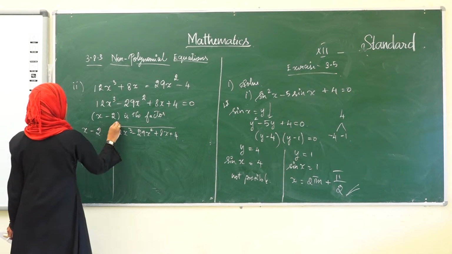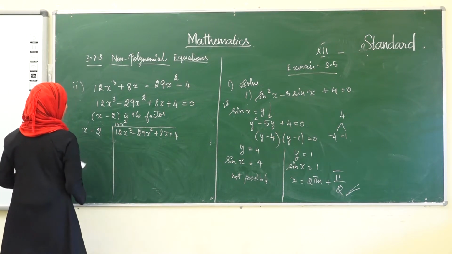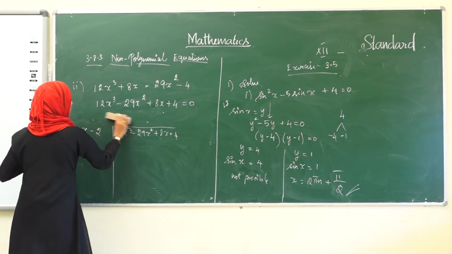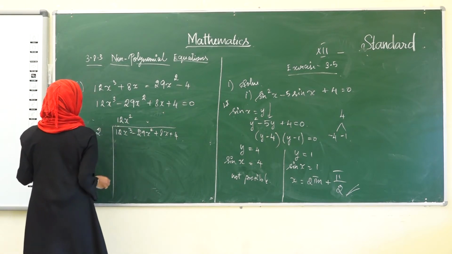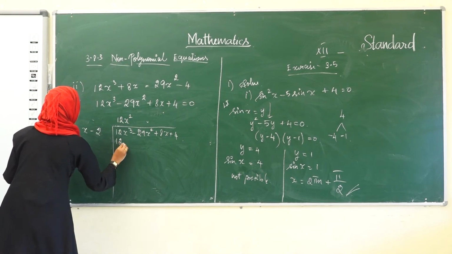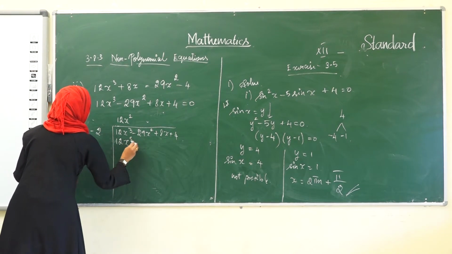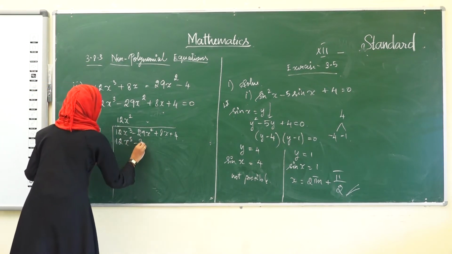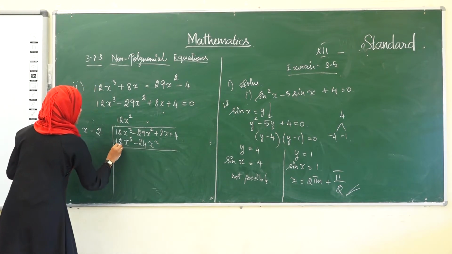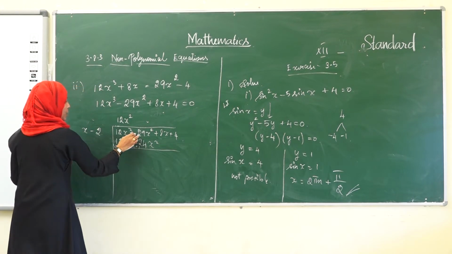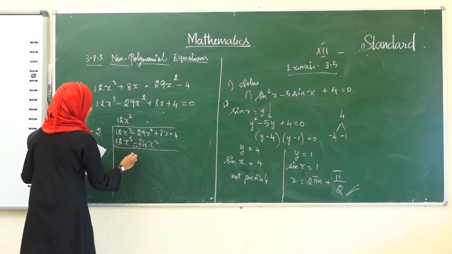On multiplying x with 12 x square, we get 12 x cube minus 12 into 2, which is 24 x square. On changing these symbols, here it is minus and here it is plus. What will be the answer?